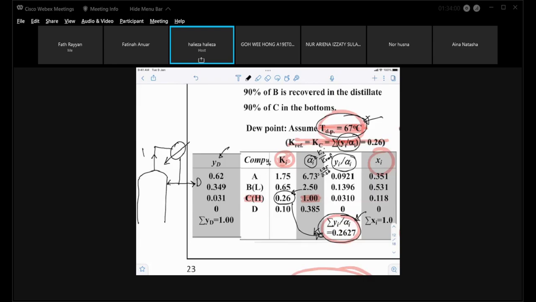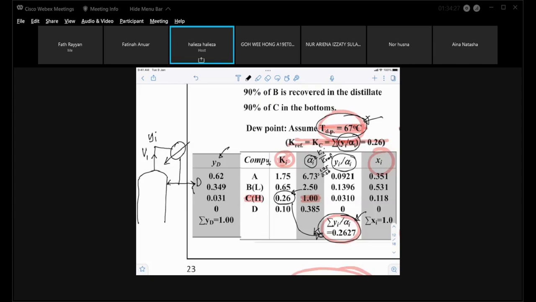This is your vapor V1. So when is it in equilibrium? Anybody? When is this Y1 in equilibrium with that Xi that you got just now? Anybody?